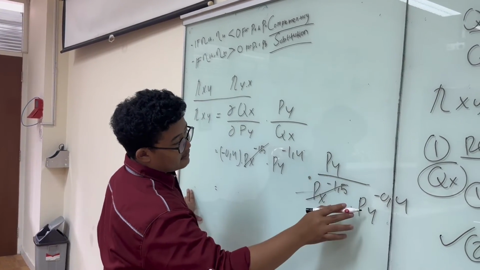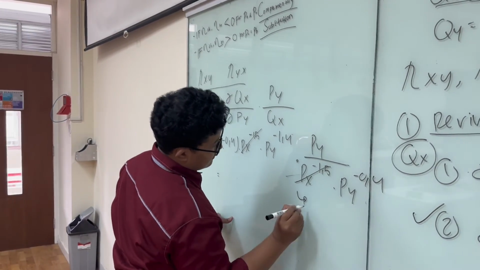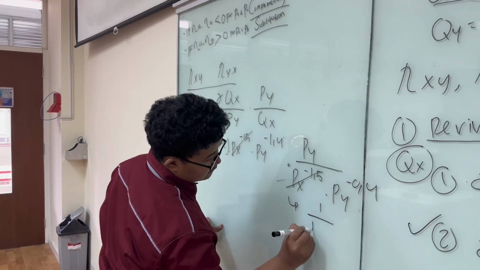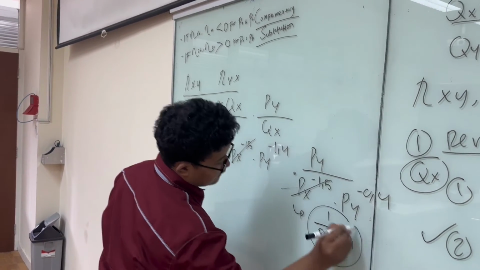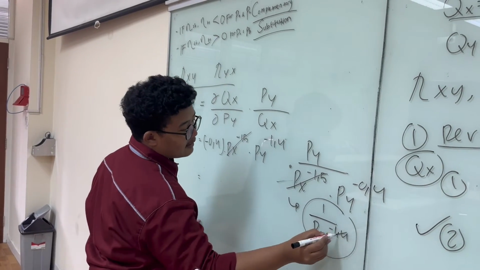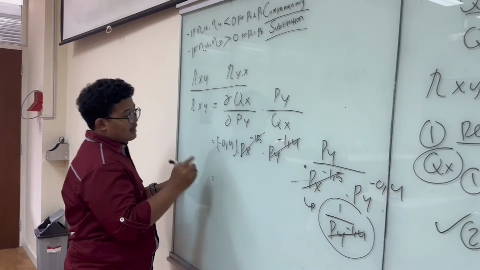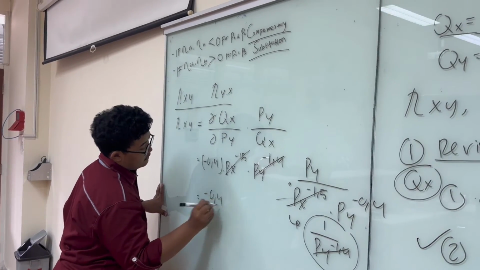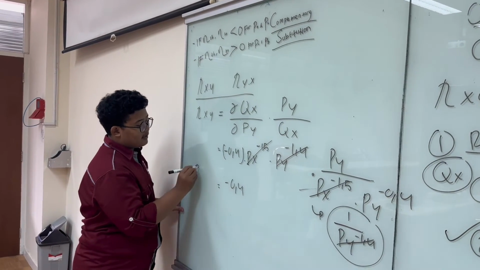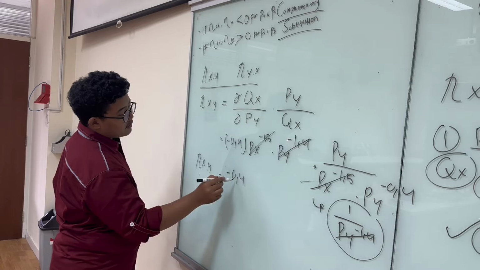And then for this, we can also do this, right? So we can eliminate this with this. So the end result is minus 0.4. So the cross elasticity of x and y is minus 0.4.